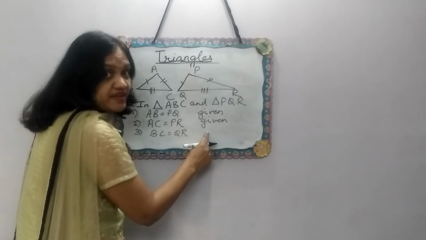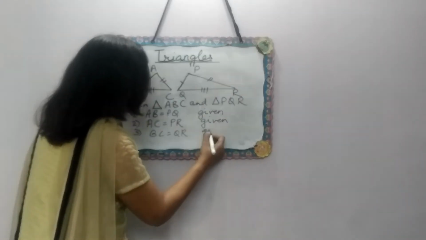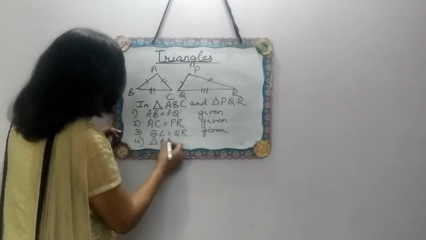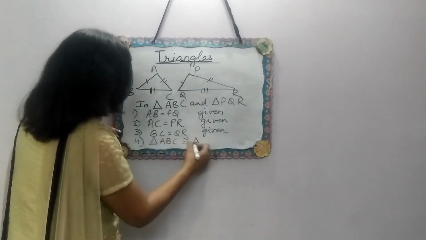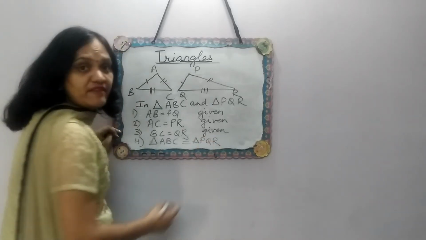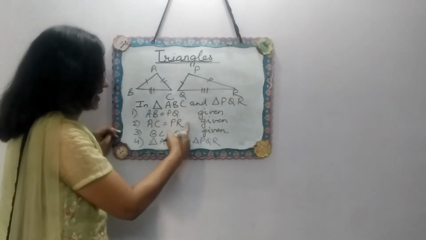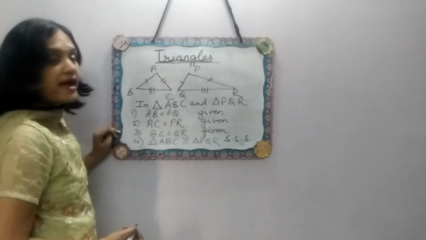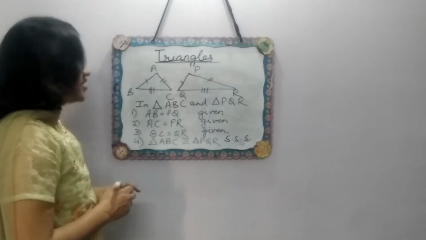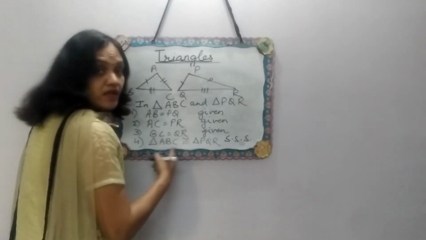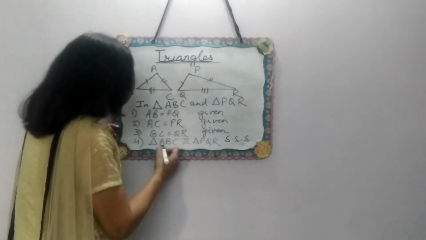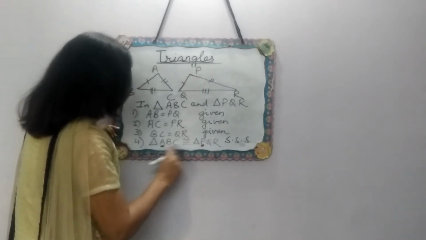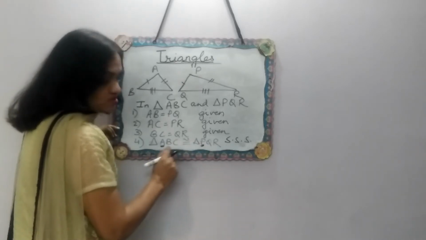You must write the reason everywhere for every statement. Now we can say that triangle ABC is congruent to triangle PQR. And by which property? Side, side, side property. So by SSS property, the two triangles are congruent. Remember children, when you write about congruency, please write the corresponding vertices at the corresponding positions.